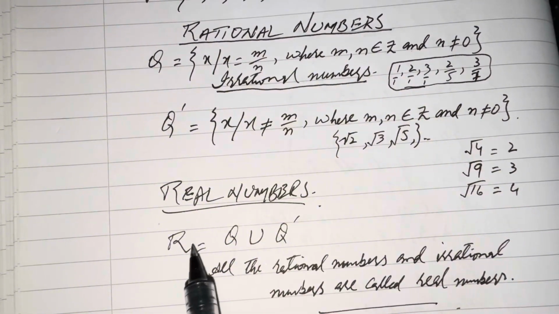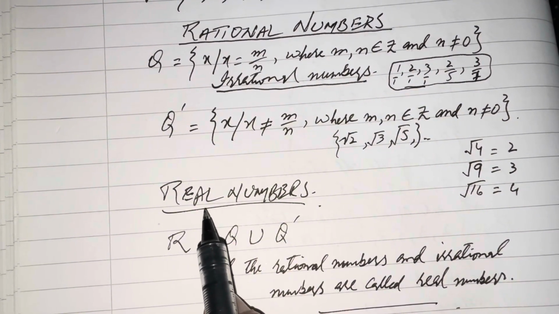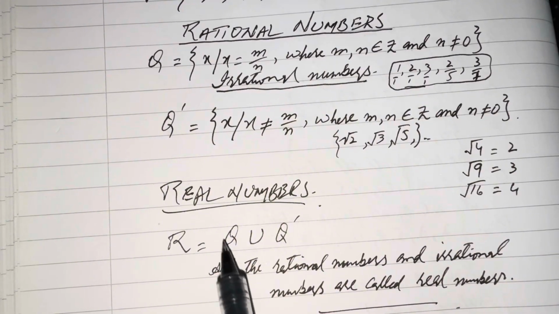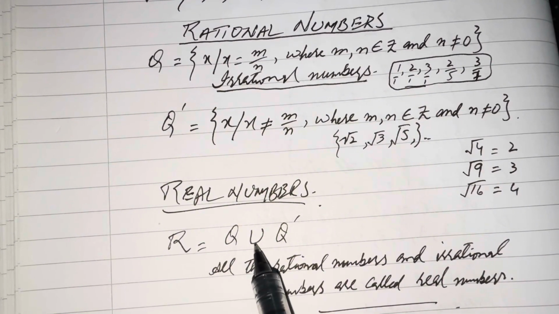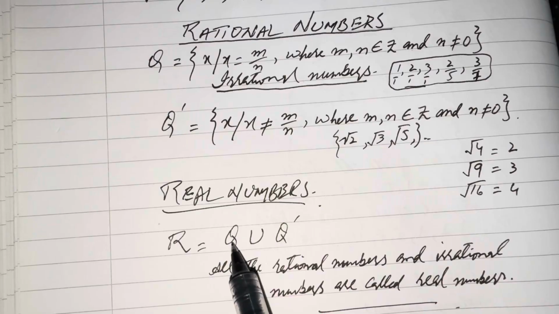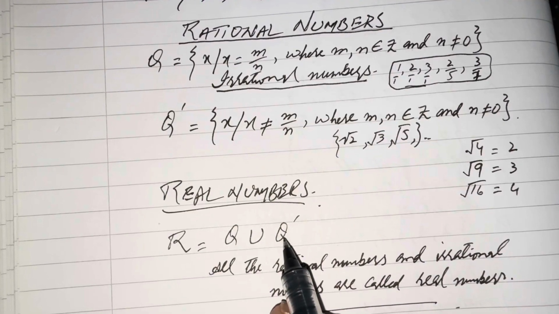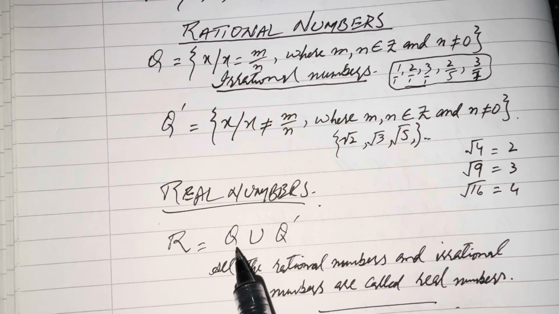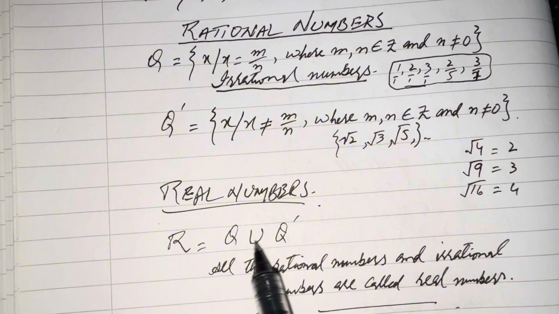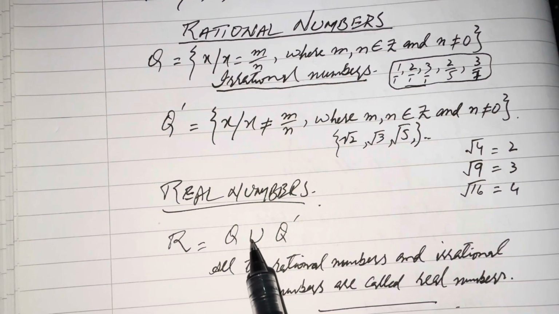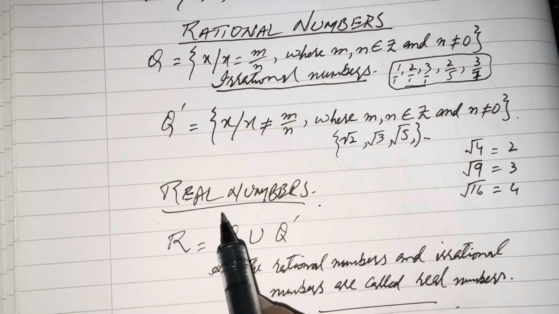And the one term we have used for the real numbers is Q union Q dash, where this U means union. Q is representing the rational numbers and Q dash is representing the irrational numbers. So if we add all the irrational and rational numbers, these are called the real numbers.